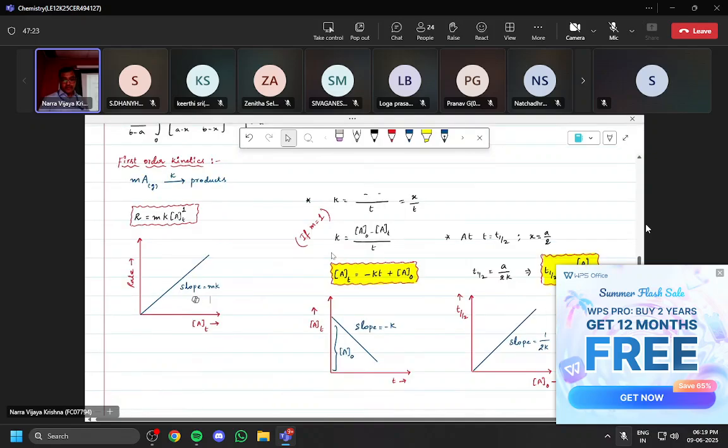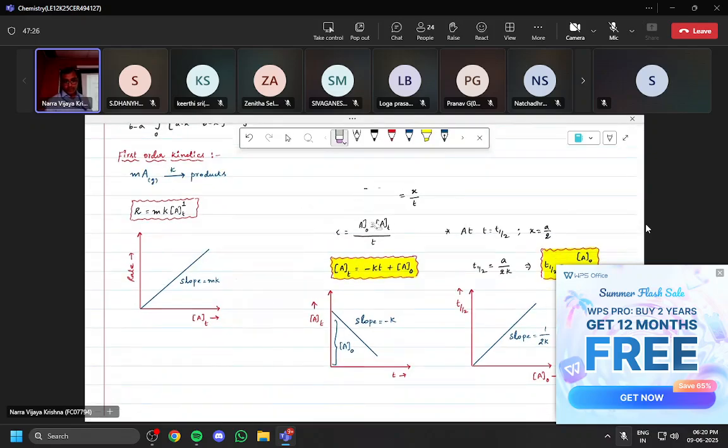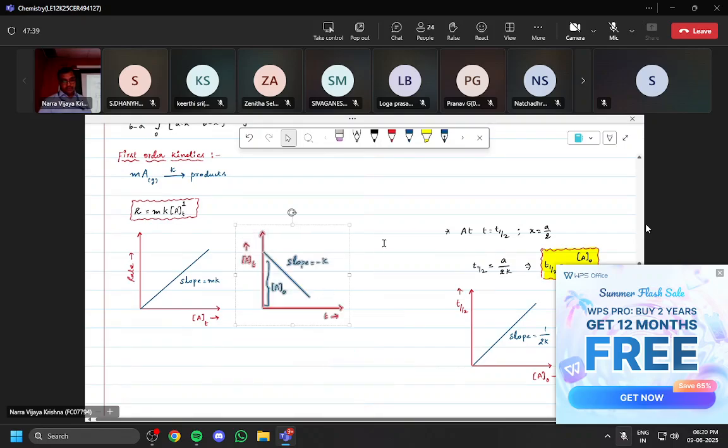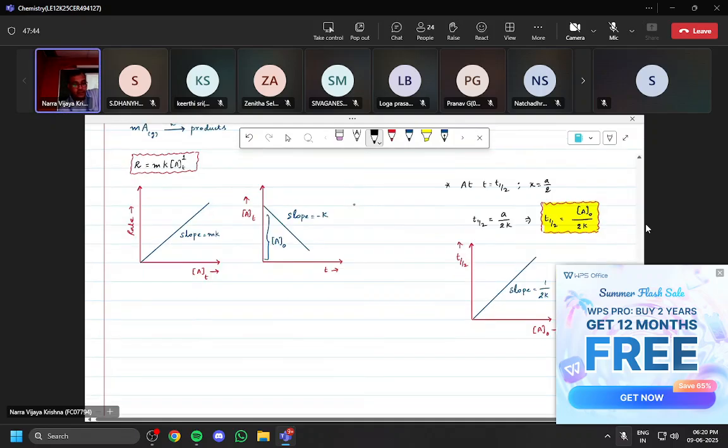Now, second case. I need to plot a graph between At versus time. How will the graph be? Rate means nothing but dx by dt is equal to m into k into At, which is equal to (a minus x) power 1. Bring that to this side. So dx upon (a minus x) equal to mk dt. Integrating on both sides between 0 to t, 0 to x.